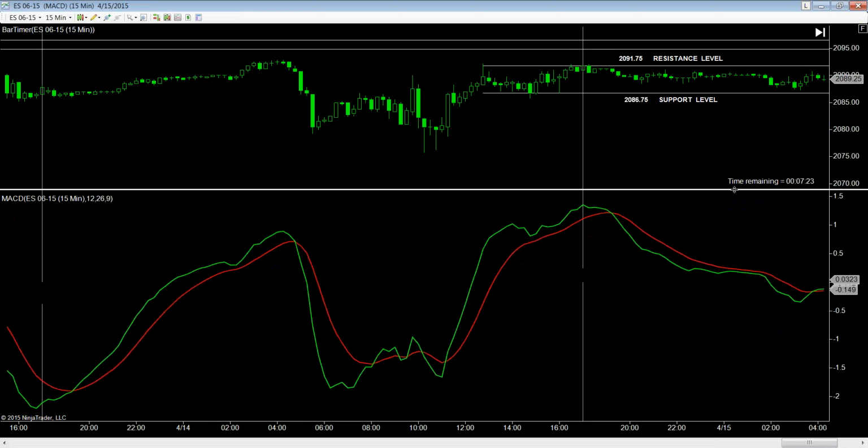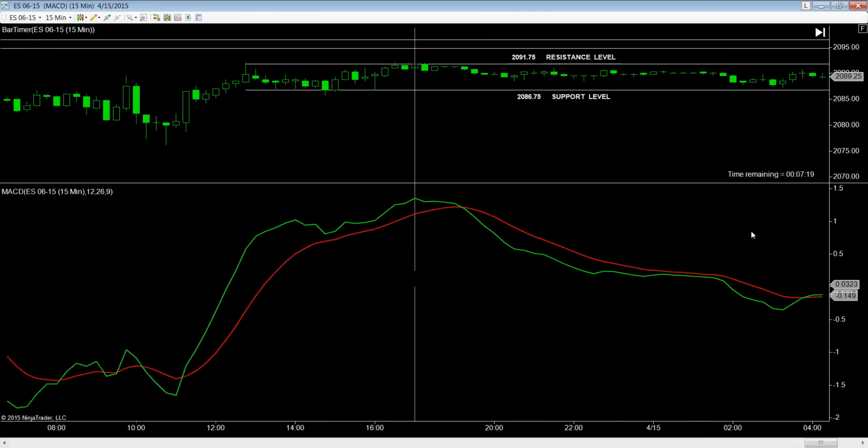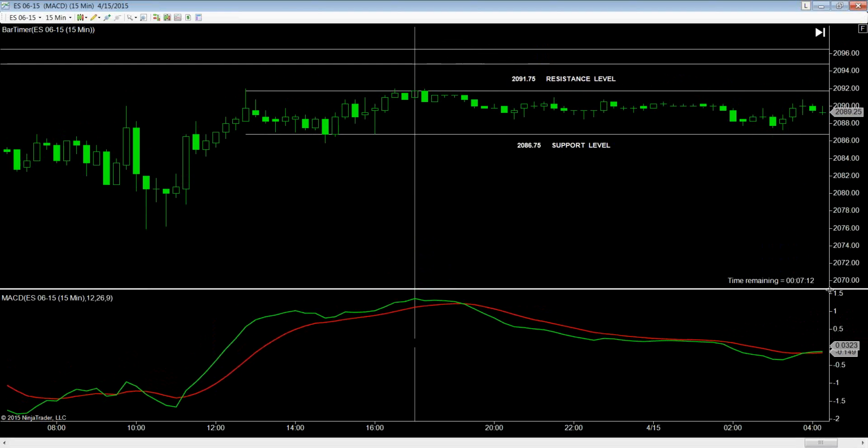But as we blow this up, the MACD had already crossed from below to above, right here. So in isolation, the MACD was cleared to be long because it had clearly indicated that the trend had changed from neutral to long.